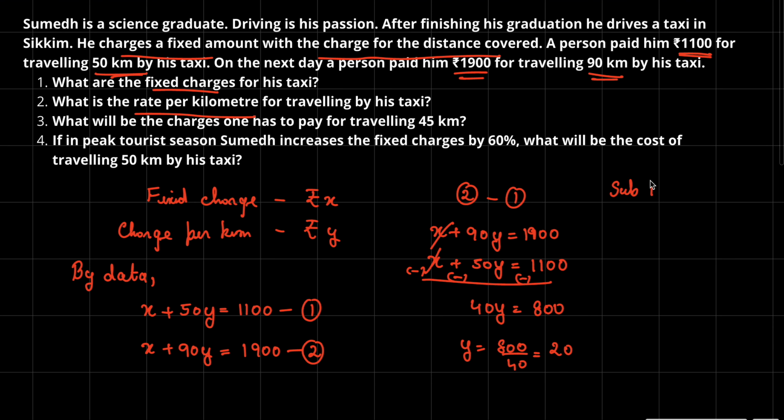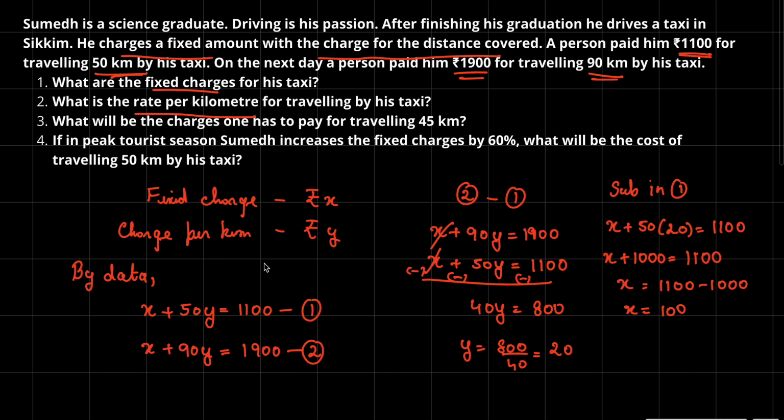We get X plus 50 into 20, that is equal to 1100. X plus 1000 is equal to 1100. X is equal to 1100 minus 1000. X is equal to 100.